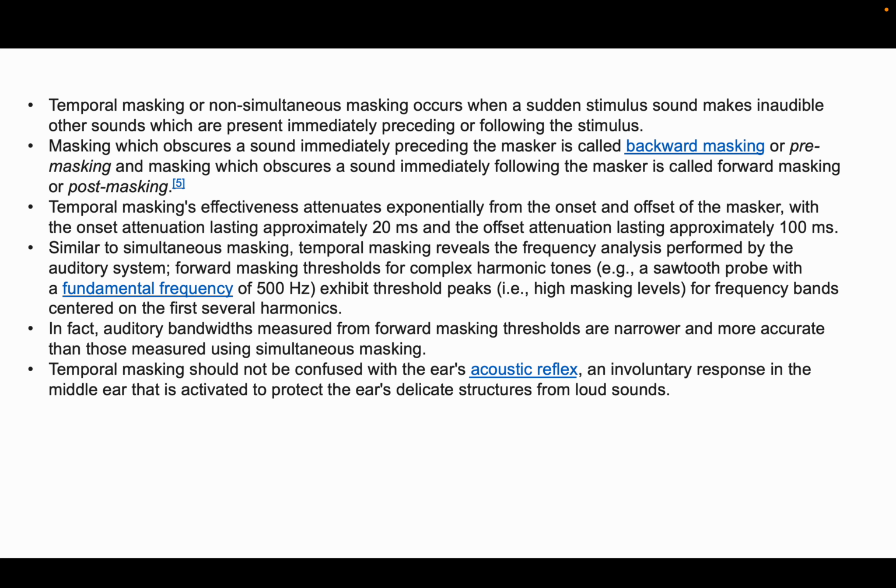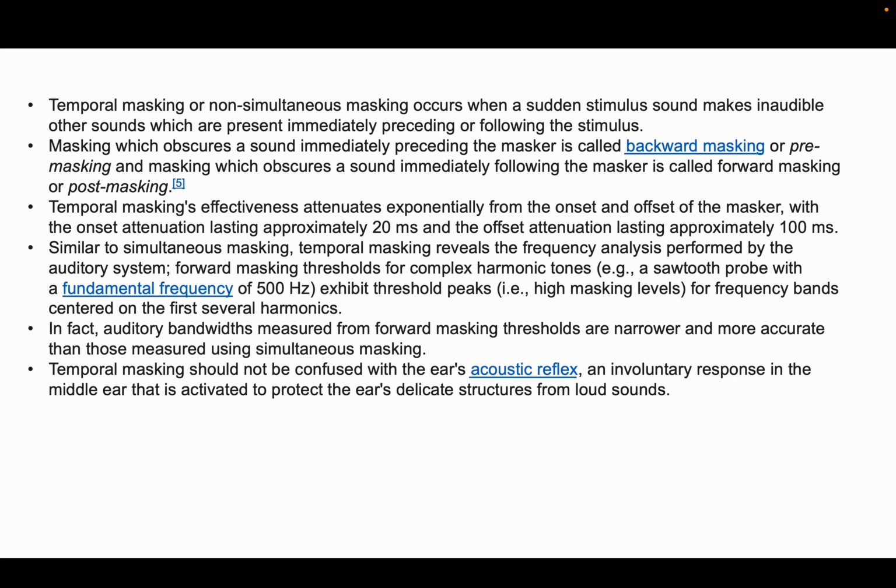Similar to simultaneous masking, temporal masking reveals the frequency analysis performed by the auditory system. So forward masking thresholds for complex harmonic tones, a sawtooth probe with a fundamental frequency of 500 hertz, exhibit threshold peaks for frequency bands centered on the first several harmonics.